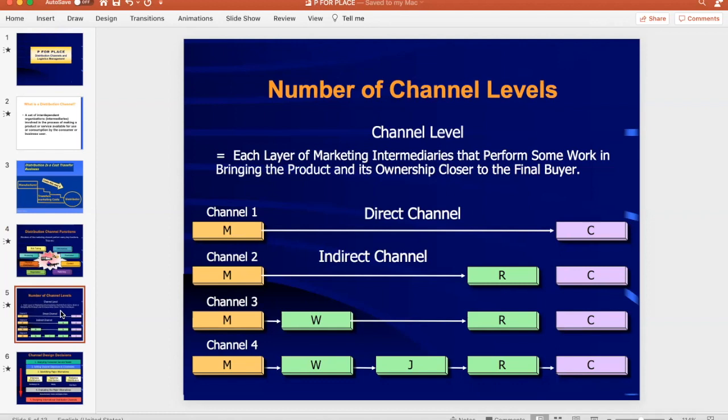I'm thinking about the luxury industry. In the luxury industry, you have many intermediaries in between because it's very specific to get to the customers. And so you have all of these intermediaries giving quality to the product, getting to the final consumers. But if your product is a commodity, then you would want to have as few intermediaries as possible.